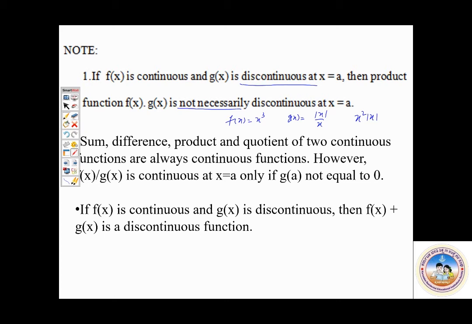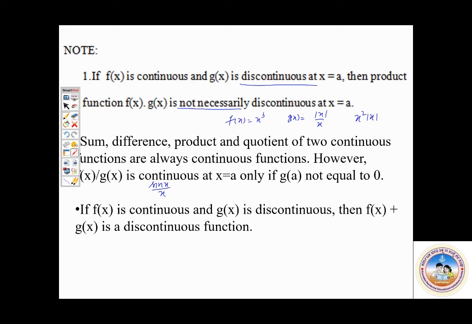But when the denominator is 0, you cannot put x equals 0, then it is not defined. Properly define and go to the continuity of f of x and g of x. Sin x is continuous, 1 by x is continuous, but not at x equals 0. Therefore, sin x by x is not to be discussed for continuity at x equals 0.